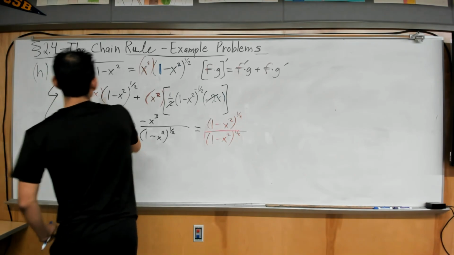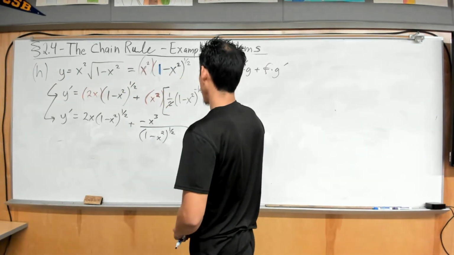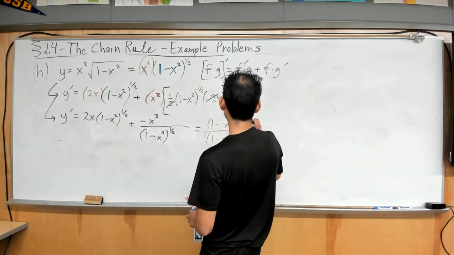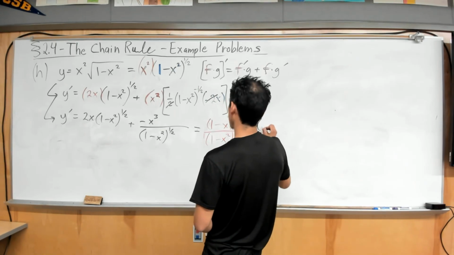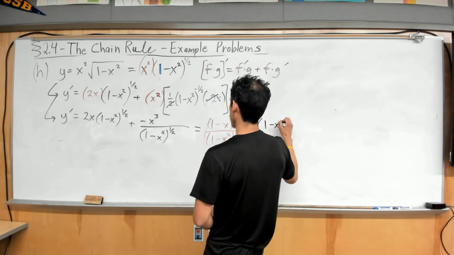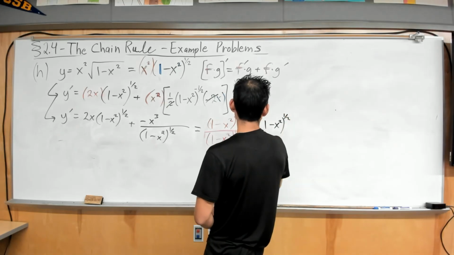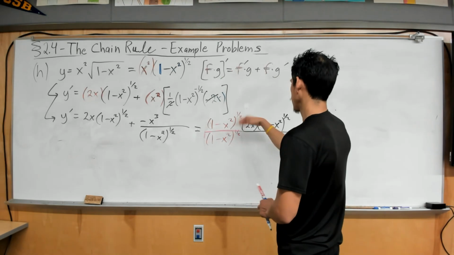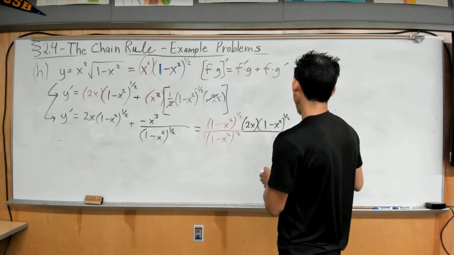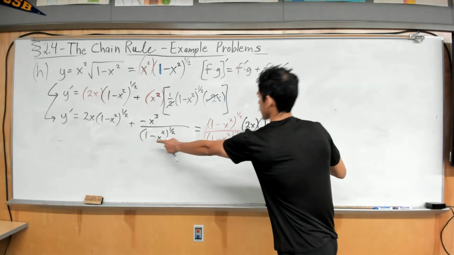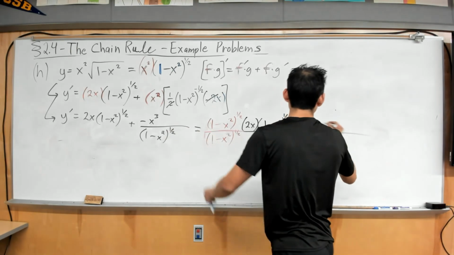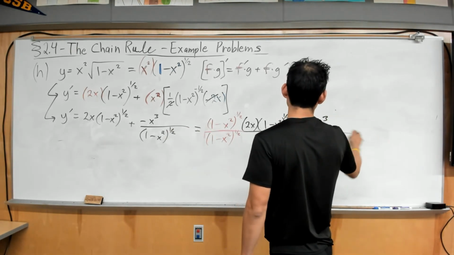So you're multiplying this by that, which is then going to be on top of 2x times 1 minus x squared to the 1/2. Don't cancel those out. Then we go minus. Now, since it has a common denominator, we can just subtract the x cubed on top, keep that on top together.